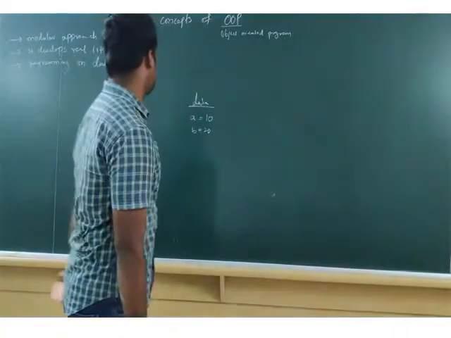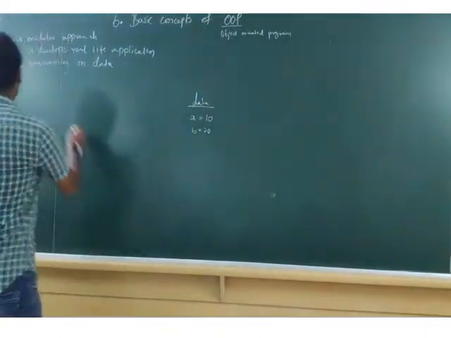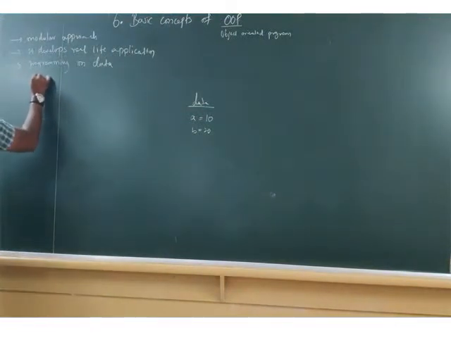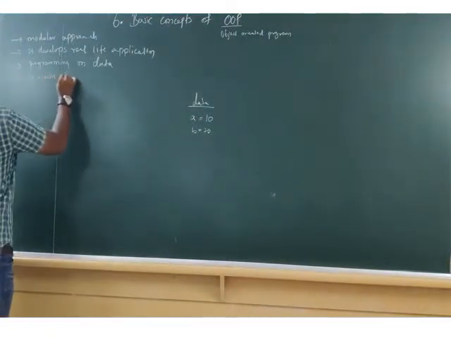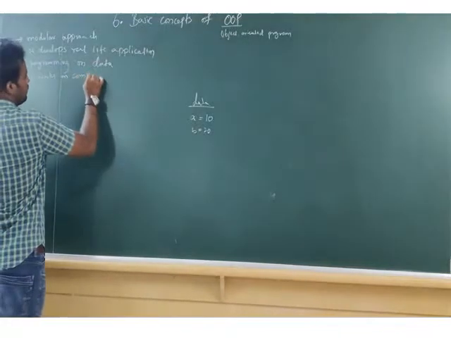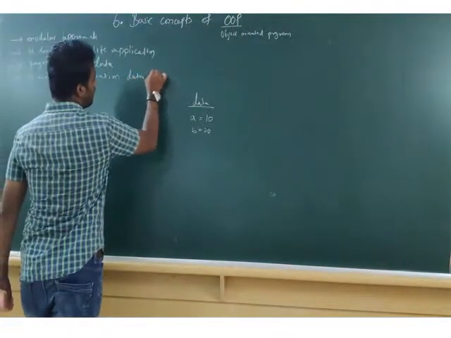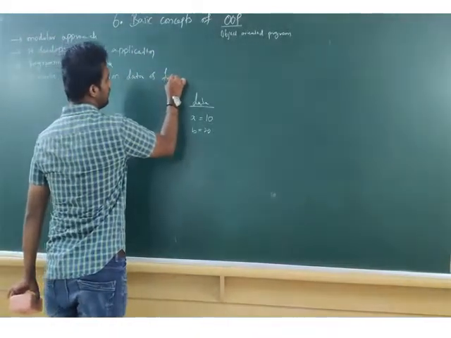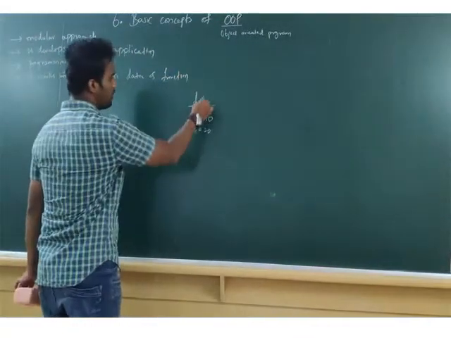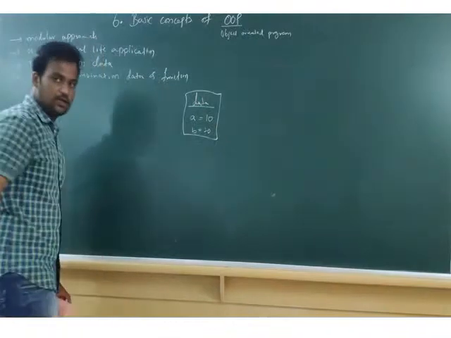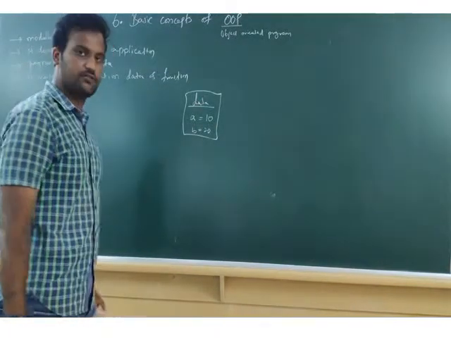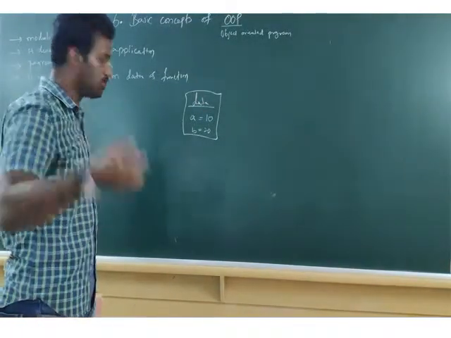It works on the combination of data and function. Here we already know the meaning of data. Now let's see the meaning of function. Function means a working procedure or logic of a program.